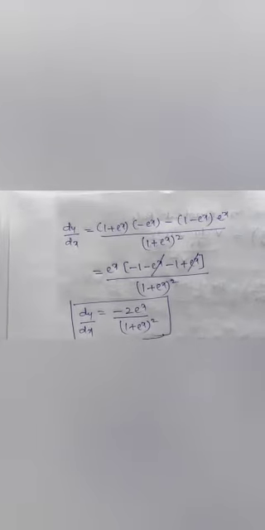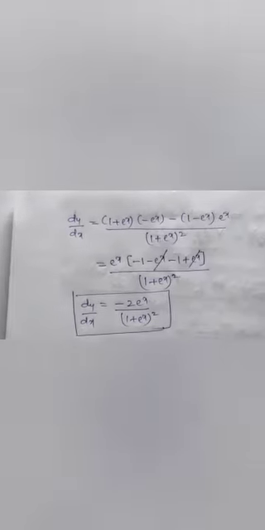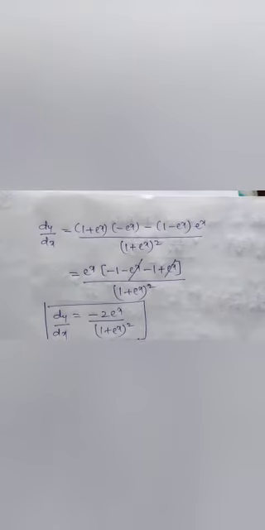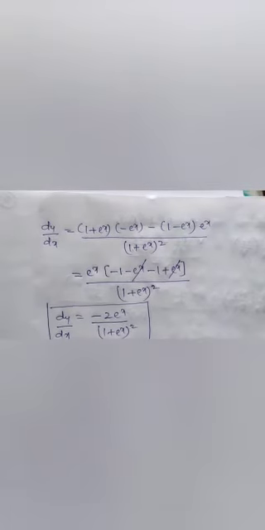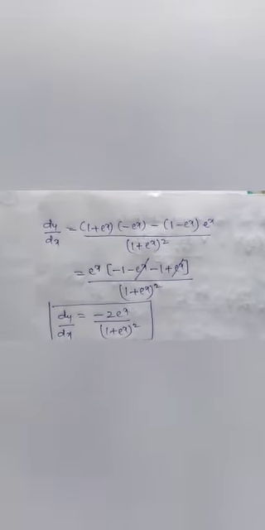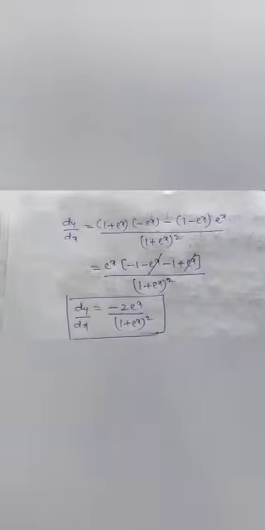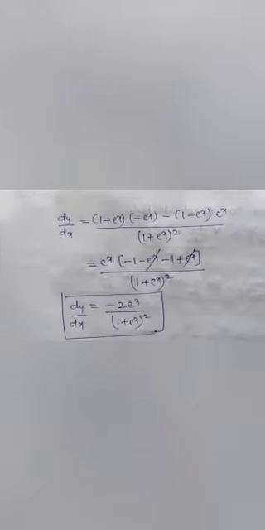the differentiation of 1 minus e to the power x is 1 as 0 minus e to the power x is e to the power x, minus 1 minus e to the power x as it is, 1 value is 0 plus e to the power x is e to the power x. That's why we are getting only e to the power x and denominator as it is 1 plus e to the power x whole square.